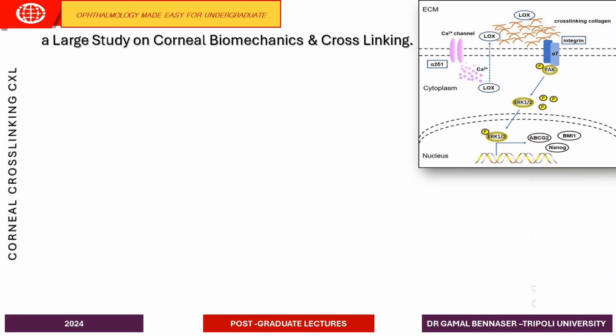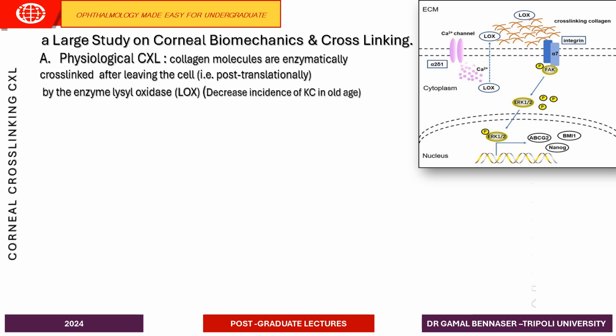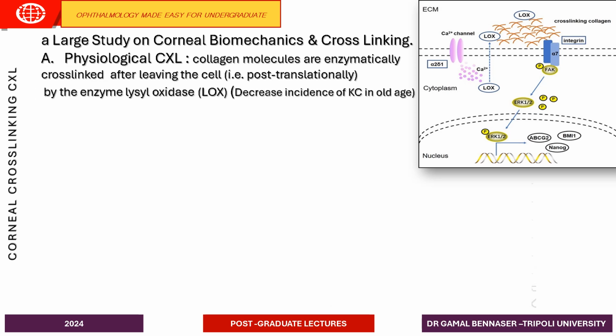The basic information about cross-linking and collagen cross-linking was explained by Professor Seiler, as we said before, and he explained that there are different types of cross-linking. One is known as physiological cross-linking, which usually happens in the body and is enzymatically mediated by a special enzyme known as lysyl oxidase.